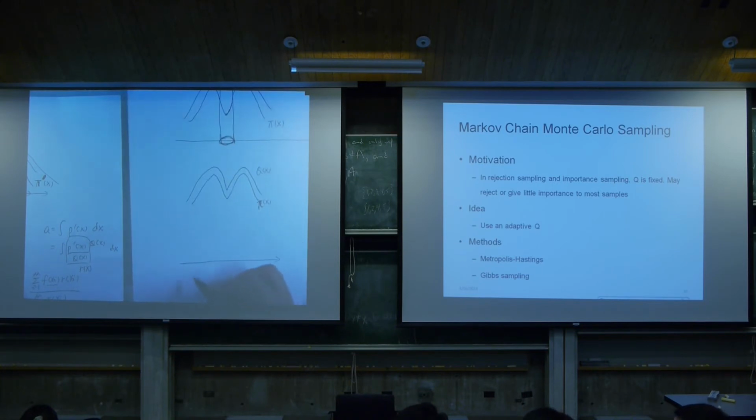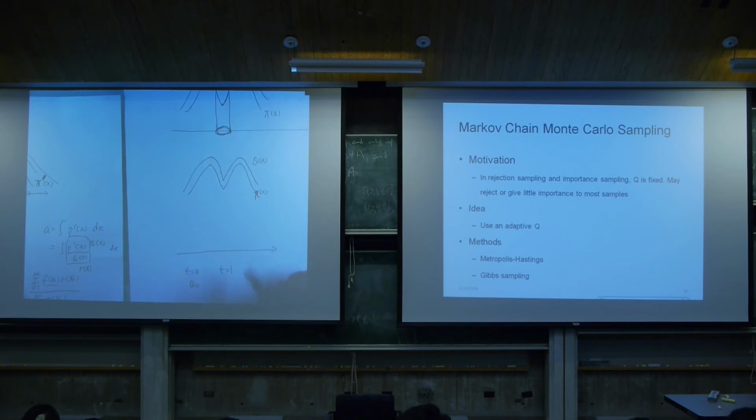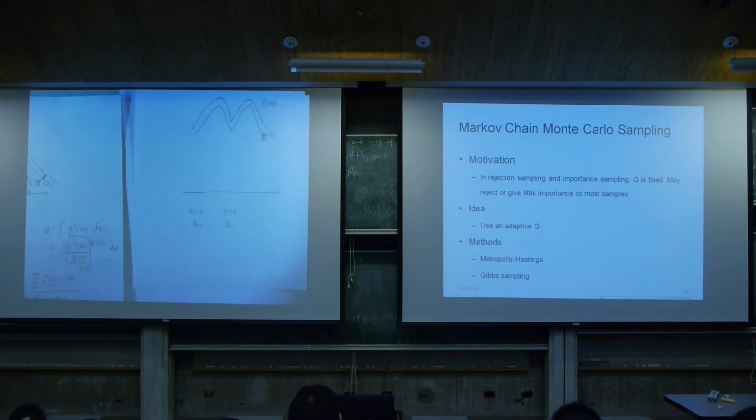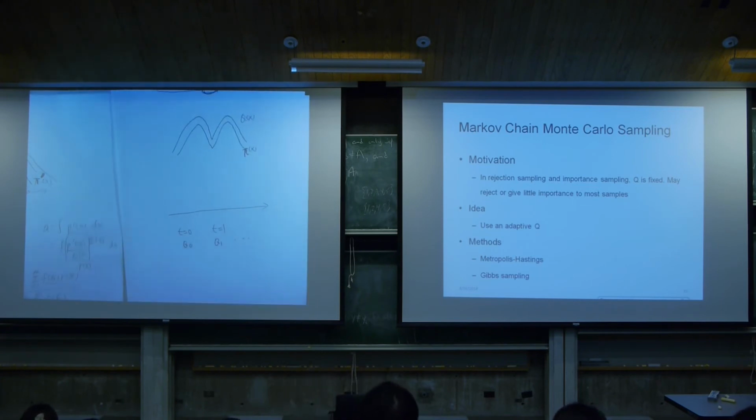So at time t equals 0, we choose Q0. At time 1, we choose another distribution, Q1, like this. So the basic idea is to replace the fixed Q with adaptive Qs in the process of sampling.